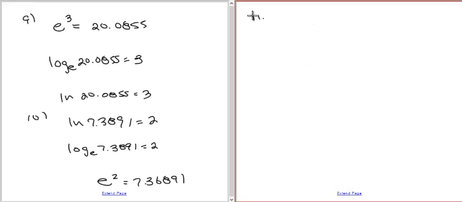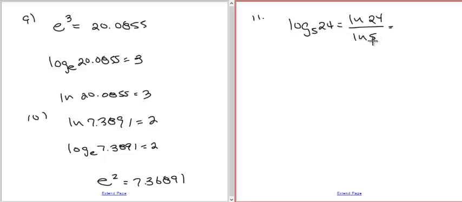The next one says use the change of base formula. Some people might have gotten the right answer, but they didn't use the right method. So remember, there's two ways you can use the natural log. What you do is divide by the natural log of the base we're interested in.